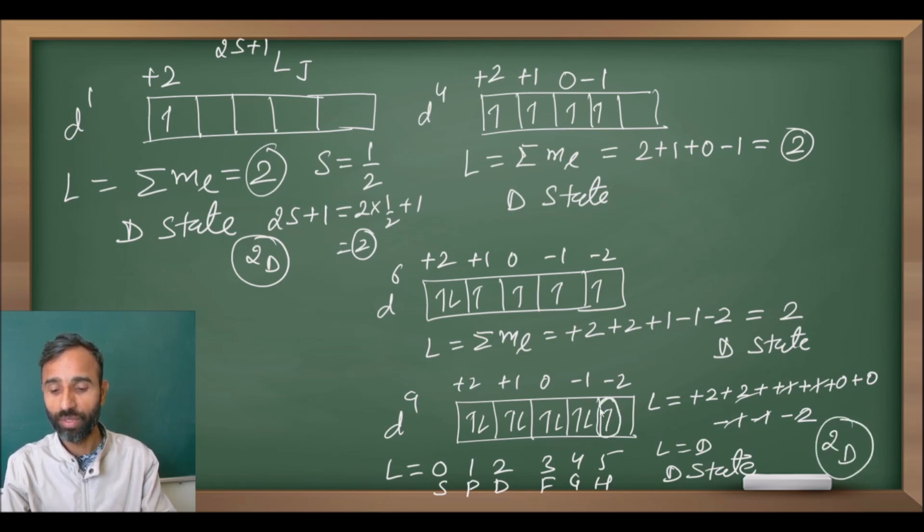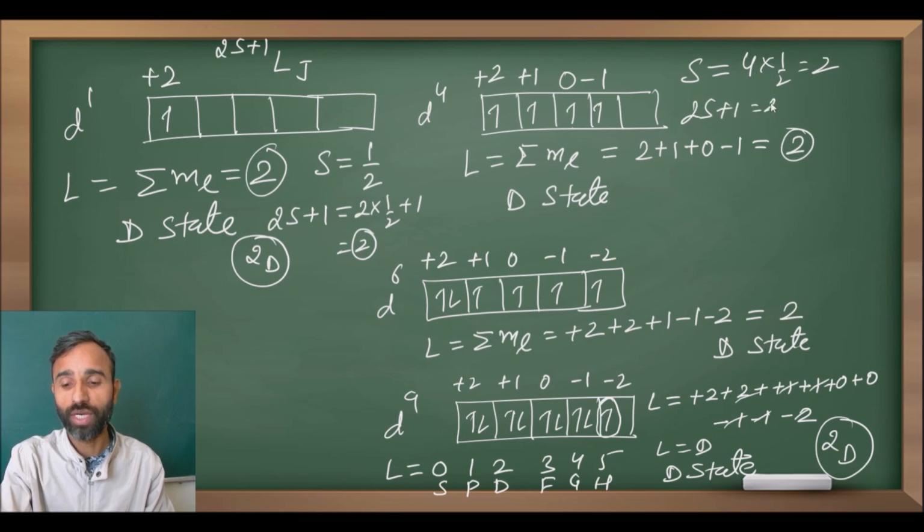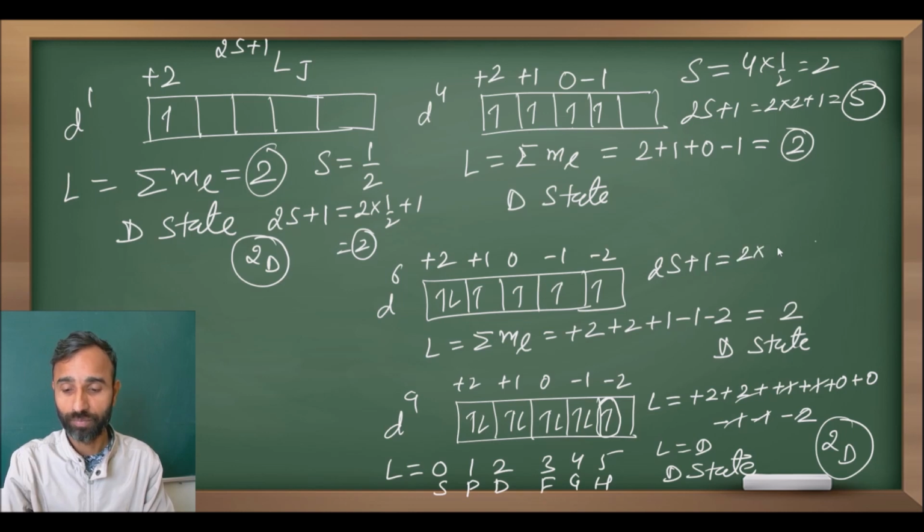Because only the capital S comes out to be plus half. Here what is S? Half, half, half, half means 4 half, 2. So 2S plus 1 comes out to be 5. Here again 4 unpaired electrons, so 2S plus 1 comes out to be 5.